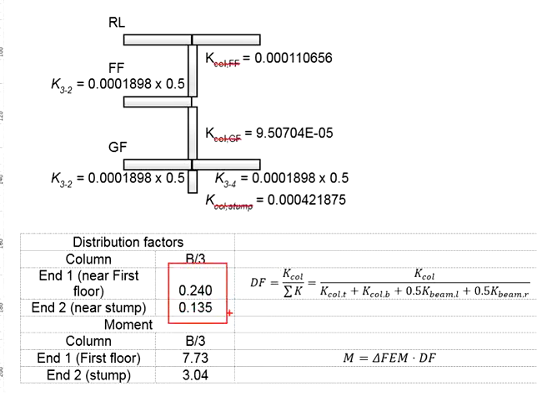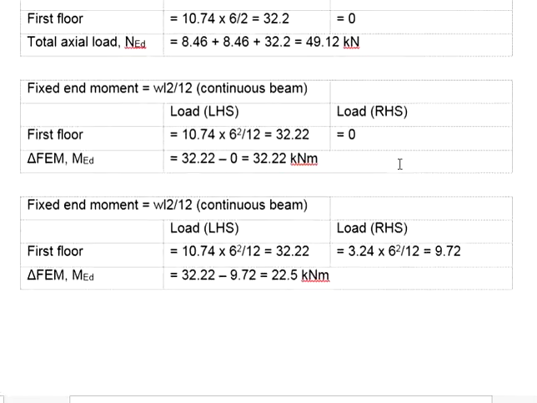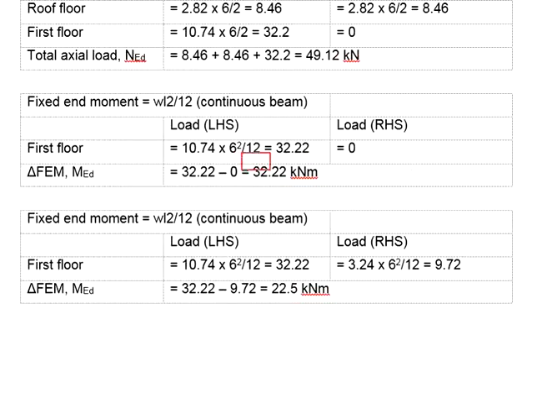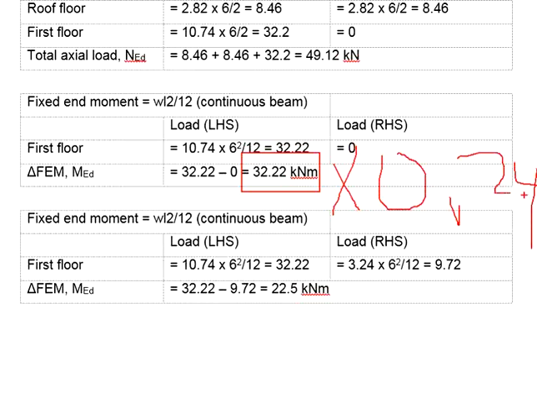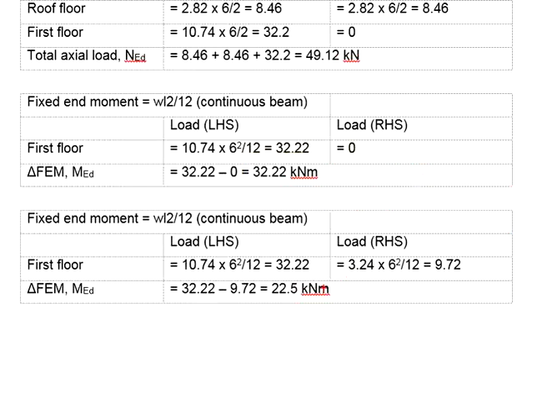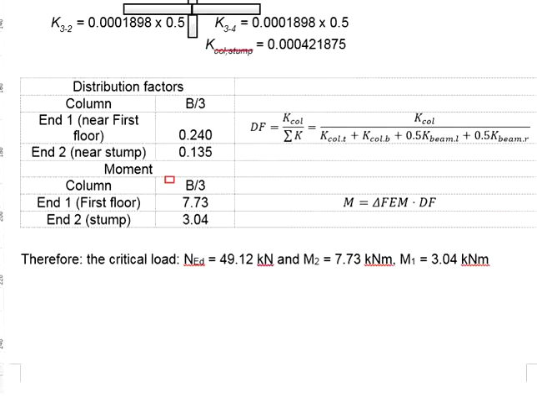Now that you obtain the distribution factors, multiply the distribution factors with the moments acting onto the joint. The upper joint have the moment 32.22, multiply 0.24 distribution factors. The lower joint have the moment 22.5, multiply with 0.135, the distribution factors for the column. Ultimately, you will get these two moments here.